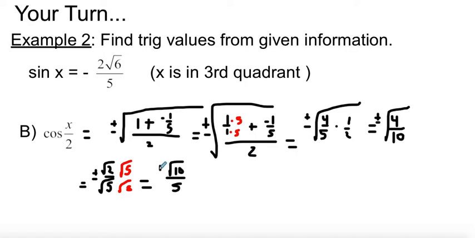Then we're going to have to make a decision: is this going to be positive or negative? Well, we're in the third quadrant. So if x is in the third quadrant, what about x over 2? Think about it. If you've got an angle down in the third quadrant, something larger than 180, like 200, and you divide that by 2, that would be 100, and 100 would be in the second quadrant.